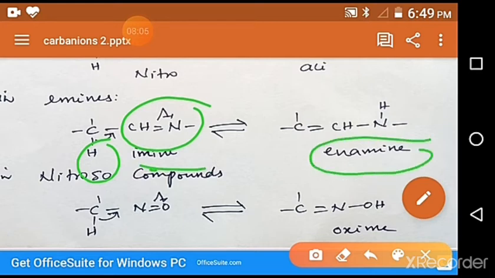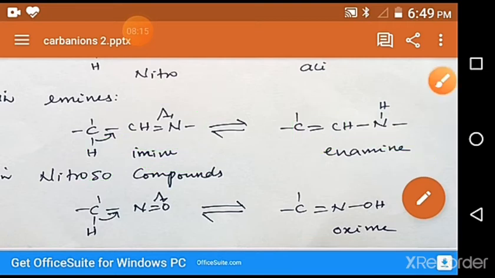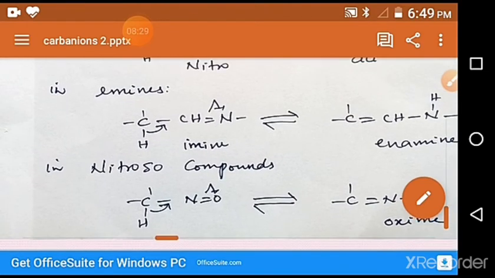Why enamine? The NH group is the amine group, and the double bond is ene. Both are in the same compound, that's why it is called enamine. So imines are converting into enamines by change of position of proton from carbon to nitrogen. This is the second example.